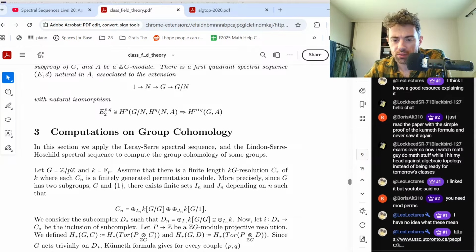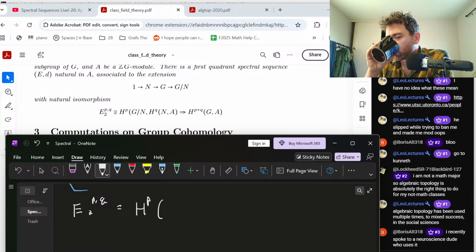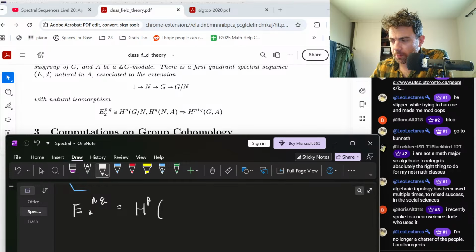Q8 mod the commutator subgroup, which was what again? What did we get? The Klein 4 group? Was the commutator group the center in this case?